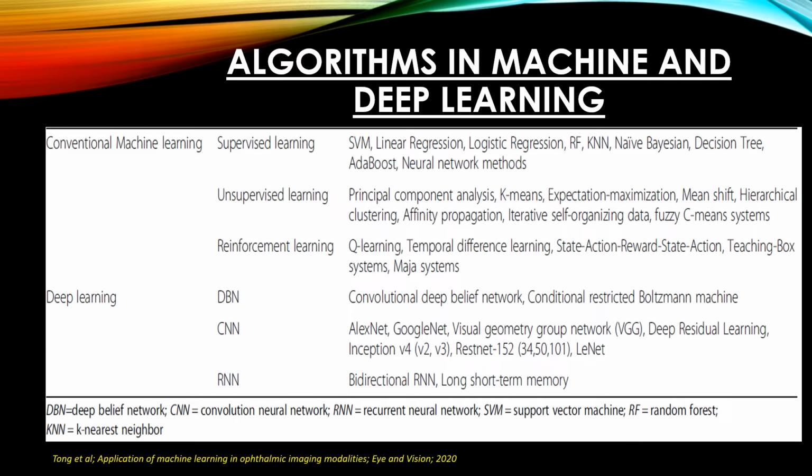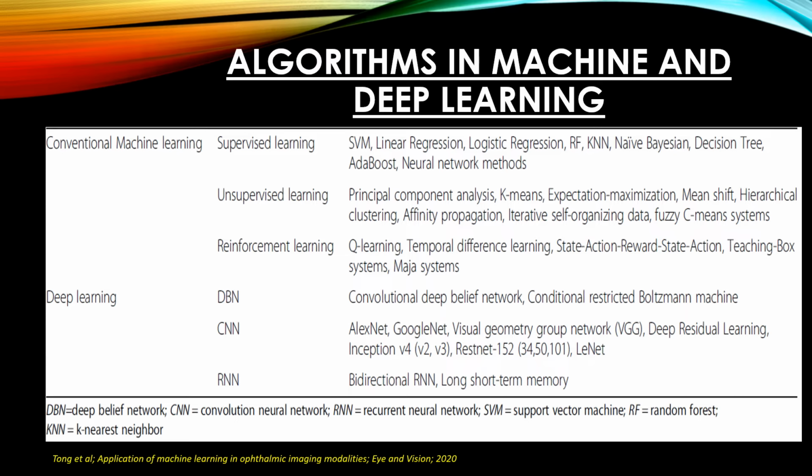Algorithms in machine and deep learning. There are some conventional machine learning algorithms and deep learning algorithms. In machine learning, we have supervised learning, for example linear regression, logistic regression, decision trees, neural network methods. In unsupervised learning we have k-means, expectation maximization.